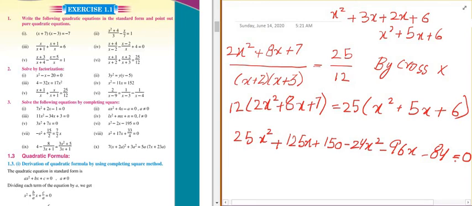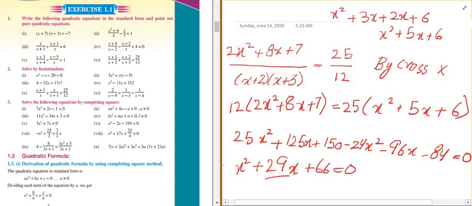I will write it again. It becomes x square plus 29x plus 66 equals 0.